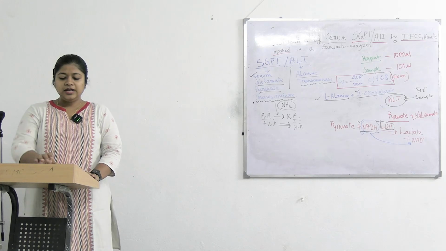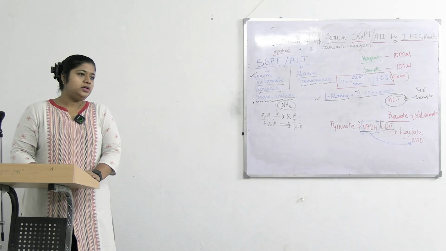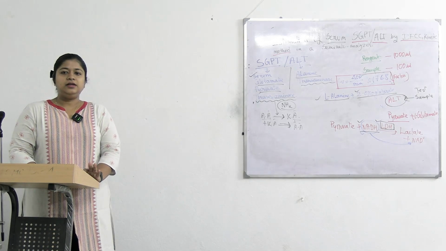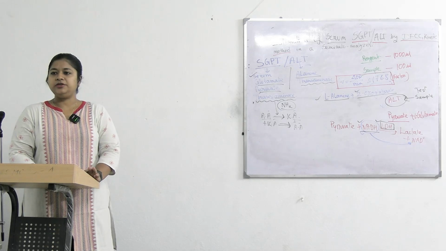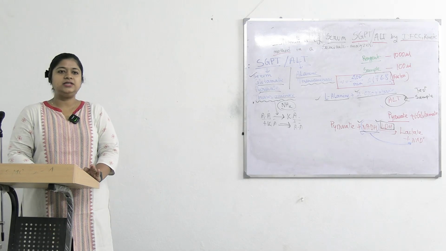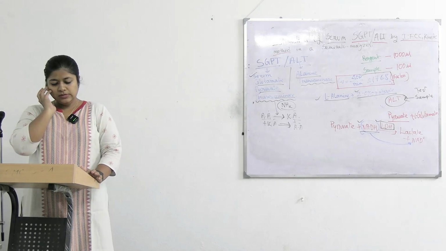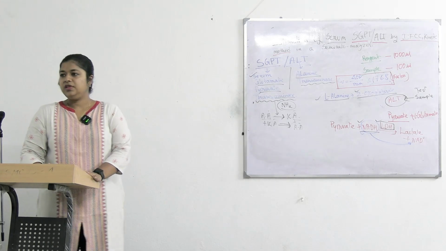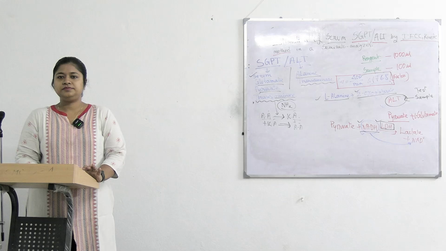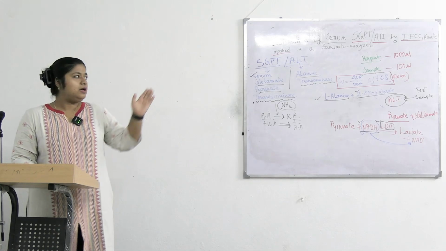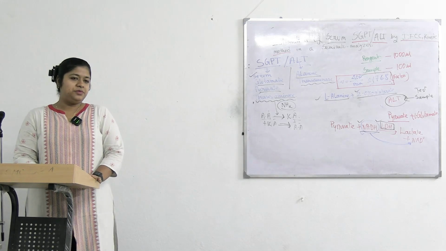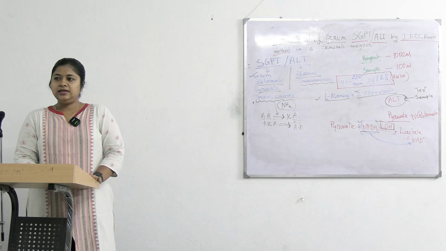You don't have to calculate it on your own. The machine will calculate and give you the exact concentration, but you have to know the mathematical expression, that is delta OD per minute into the factor. Now come to result. We will get a result. Whatever the calculation the machine gives, that is our result.